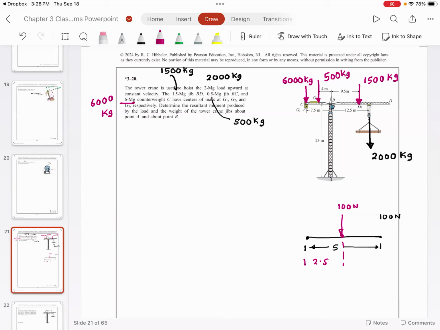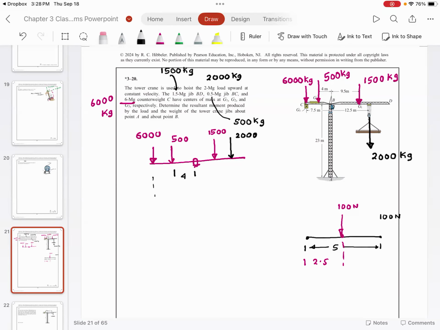Now, this would be an excellent example of what I want to show you. I'm going to draw this here. This is 6,000. This is the lever arm. This is 500. This is 1,500. So this distance is 4.